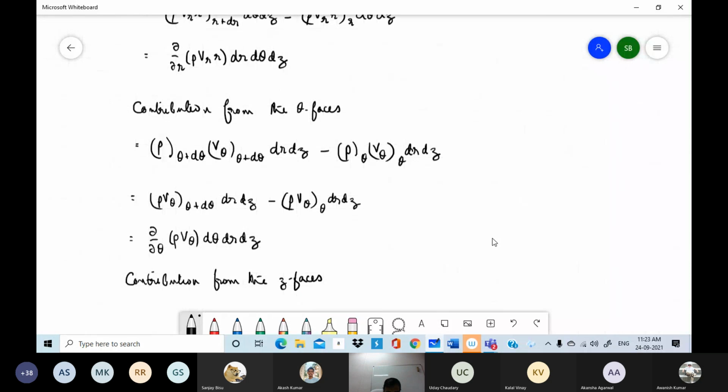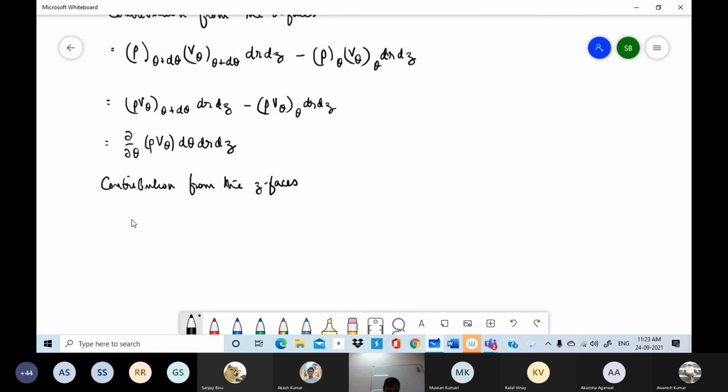Accordingly, the contribution from the z faces would be equal to rho at z plus dz v_z. The normal to the z faces is in the z direction, so only the z component of v makes a contribution.